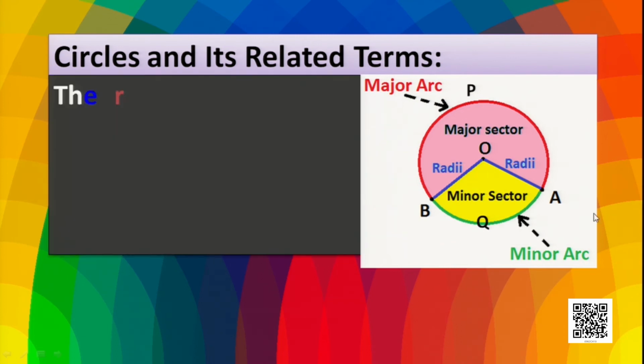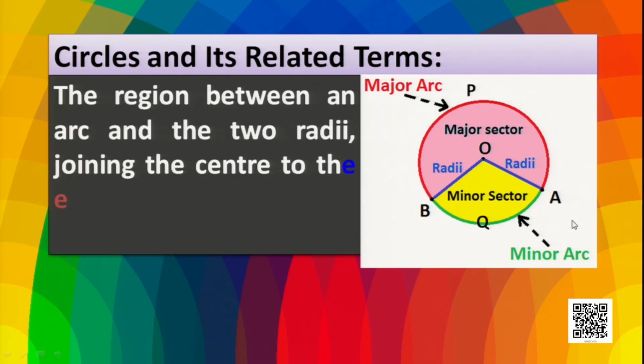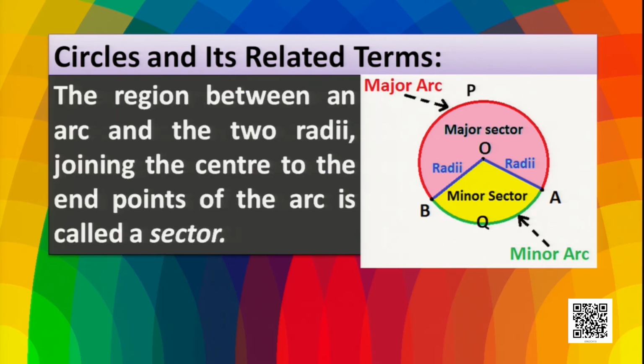Such a region is called a sector. That means the region between an arc and the two radii joining the center to the endpoints of the arc is called a sector.